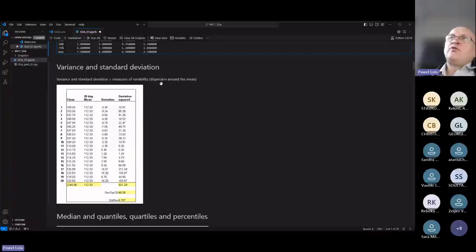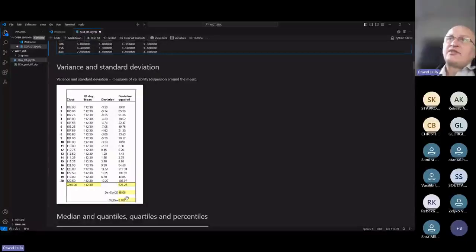It is a measure of dispersion. This value is called variance. It is a variance which is calculated in this way and which we can use for measurement of dispersion around the mean. And sometimes we can say that it is a measurement of variability for a given variable.